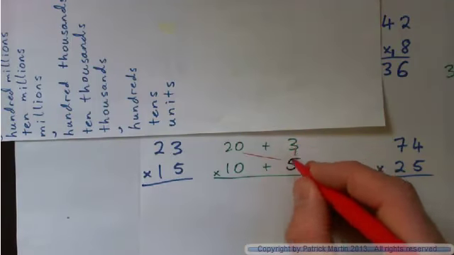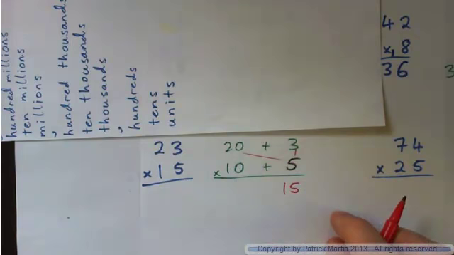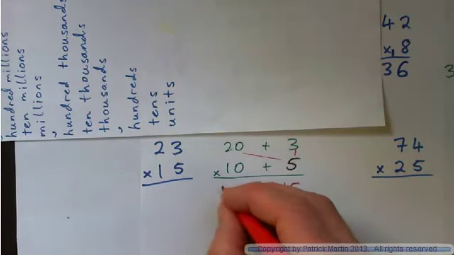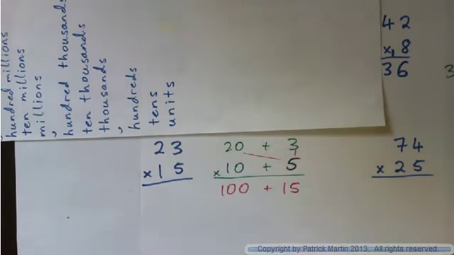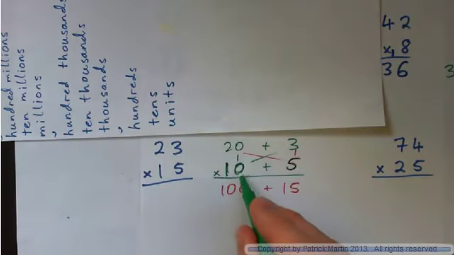So 5 times 3 is 15. What's 5 times 20? It is 100, right? So I've got 100 plus 15. Then I take the 10 and I multiply the 10 times 3 and then 10 times 20. What's 10 times 3?